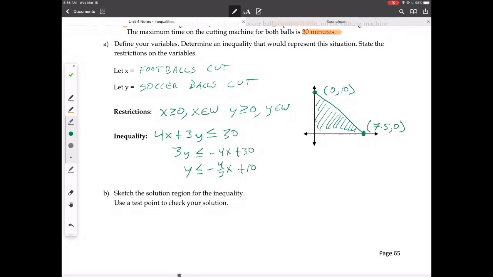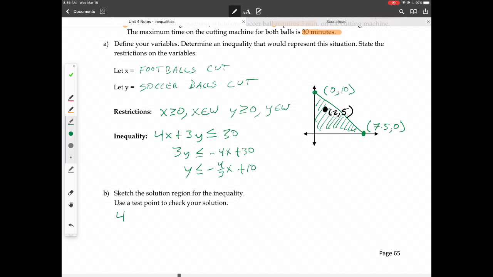If I'm sketching a possible solution, I'm just going to pick a point that exists in there. Let's take a look in here, and I'm going to say, what if I had the point (2, 5)? Looks to be within my solution region. So I'm going to substitute those in. There's my x value, there's my y value, and I'm going to substitute them into the original inequality that I created.